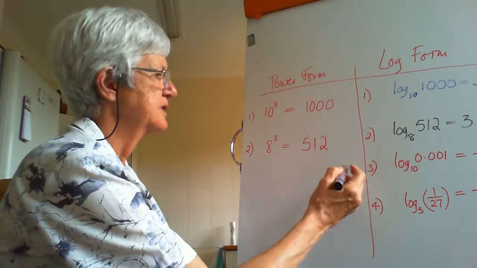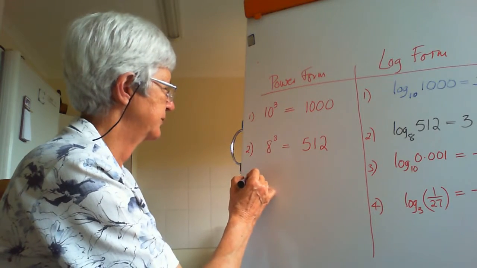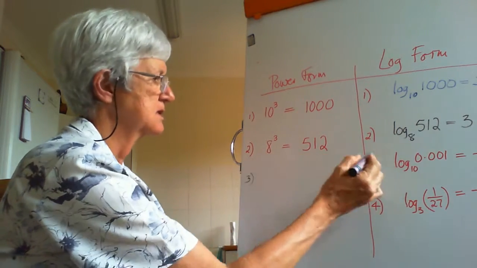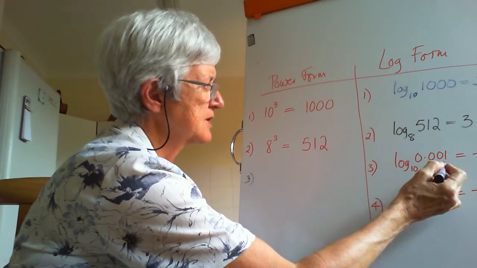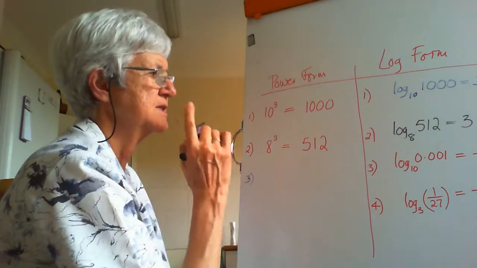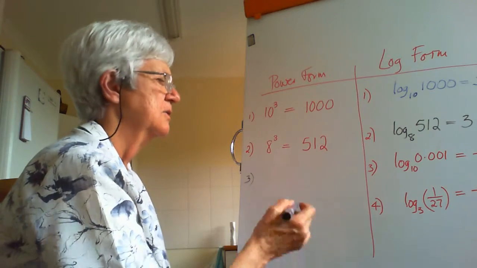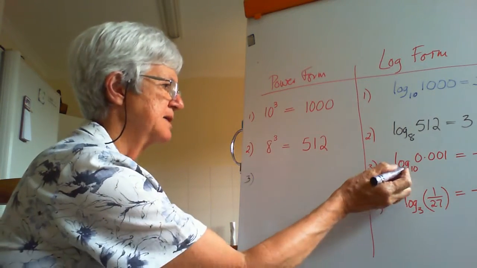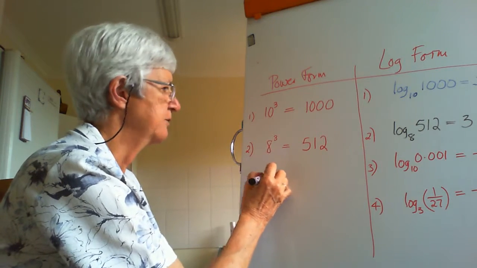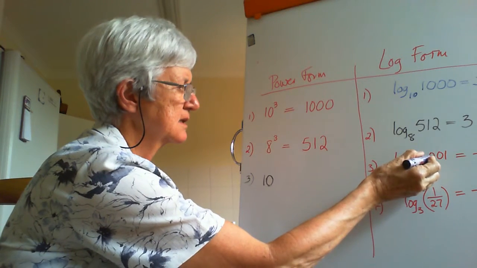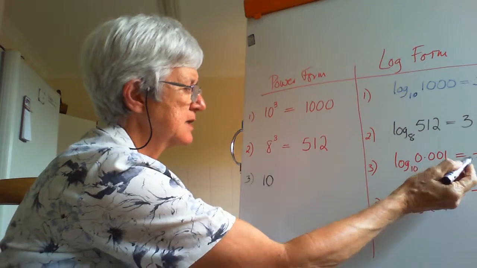And then conversely, if we go the other way, if we translate this statement, it says the power of 10, which gives us 0,001, is -3. Start with your base. Base is 10. The power of 10, which gives us 0.001, is -3.